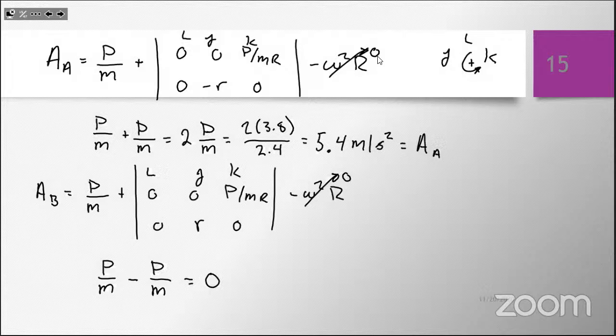So the answer for the acceleration is 0. So it's moving at a constant velocity at the top, right? If we think about what's happening with this, the bottom, that tape is getting longer as we pull it. That's going to cause an acceleration as we move, but the top is going to be moving at the same speed.